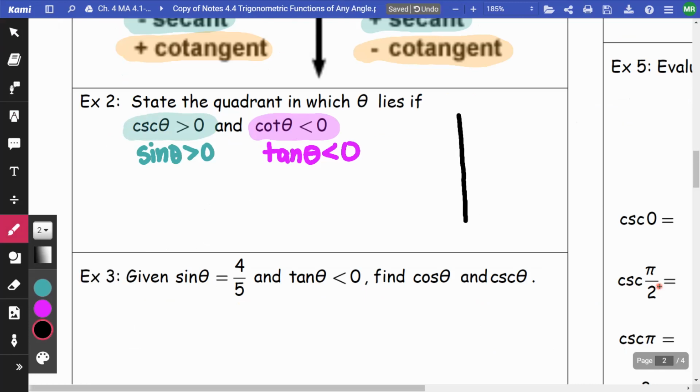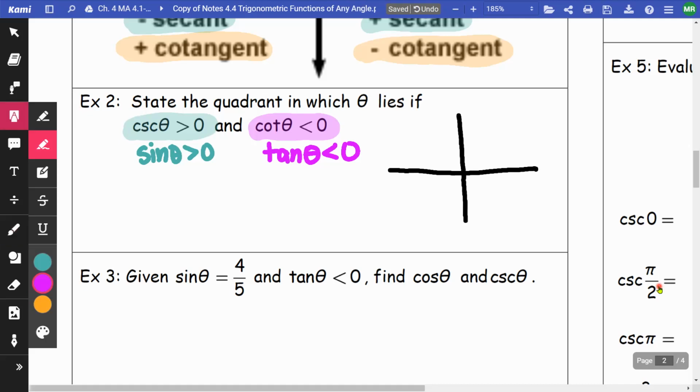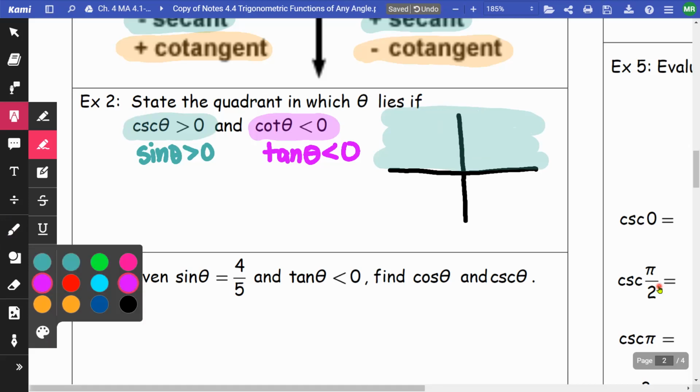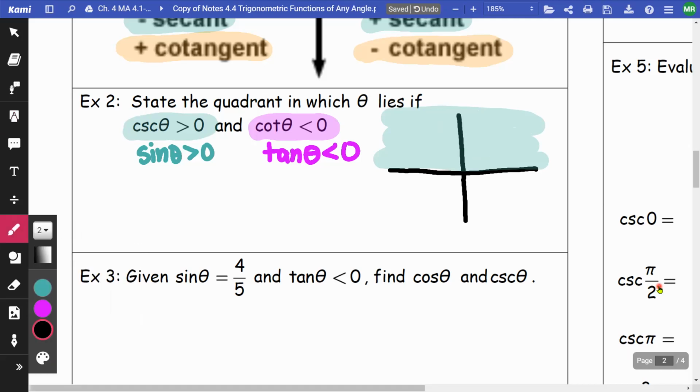So if I draw an XY axis, I'm going to shade where my sine is positive. Now my sine is my y's, and my y's are positive in quadrant 1 and quadrant 2. Now my cotangent is the same as my tangent in terms of sign, and I want my cotangent and my tangent to be negative.